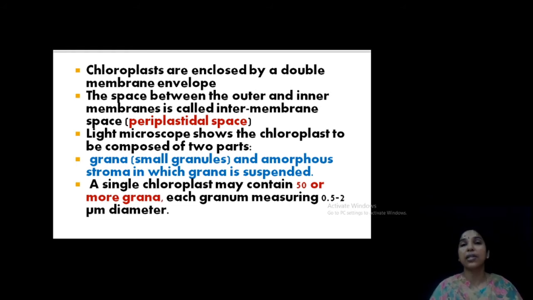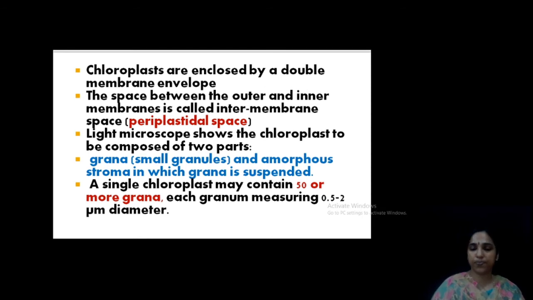The second part, the dark reaction, takes place in the stroma. So grana and stroma both are very important, and these are the two important parts of the chloroplast. So there is the outer membrane, inner membrane, the space between them, that is the periplastidal space, and inside the fluid stroma having granule like structures known as grana. Grana contain chlorophyll, stroma contains enzymes.